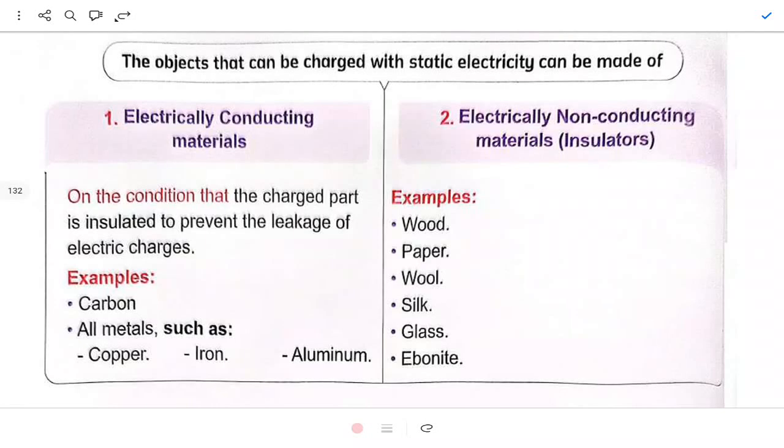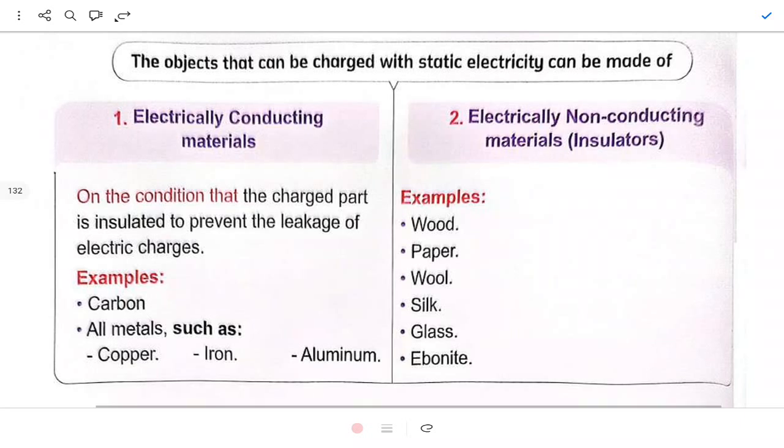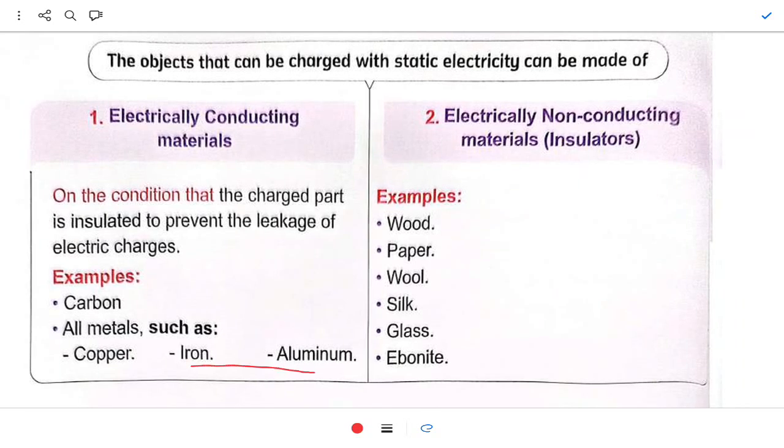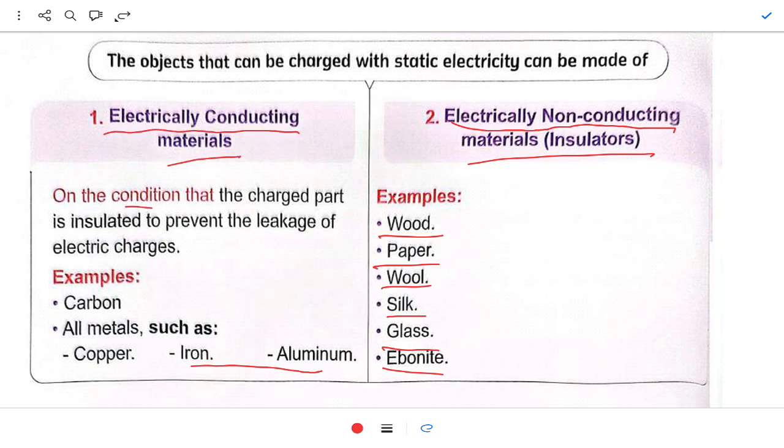Objects that can be charged with static electricity can be made of electrically conducting materials like carbon, copper, iron, aluminium, and electrically non-conducting materials like wood, paper, wool, silk, glass, ebonite. But for electrically conducting materials, it is on the condition that the charged part is insulated to prevent the leakage of electric charges.